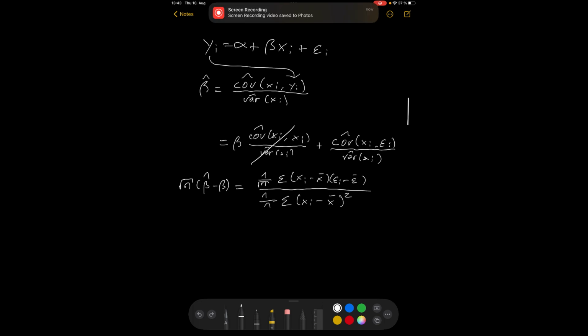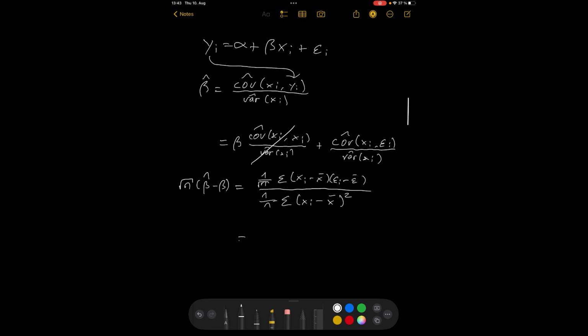Now we apply the law of large numbers so that each of the sample means converges to the population equivalent. So x bar converges to the expectation of x, and epsilon bar converges to the expectation of epsilon.